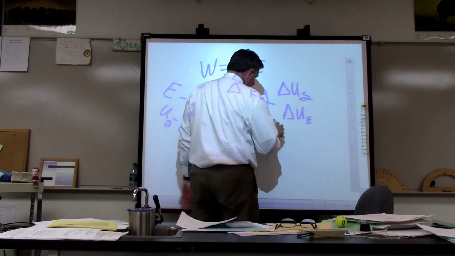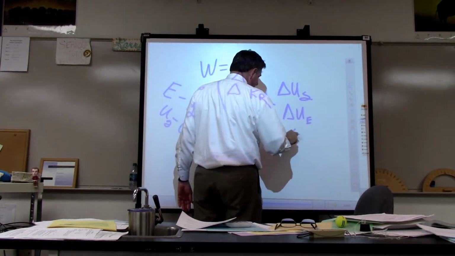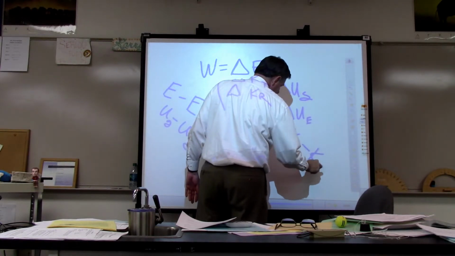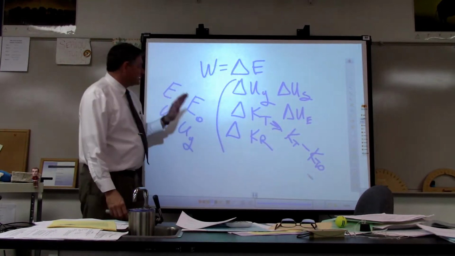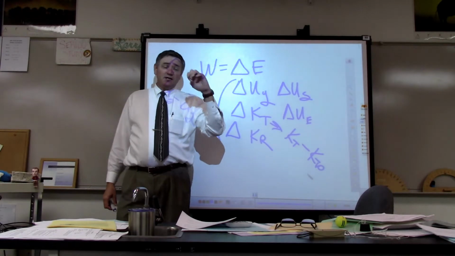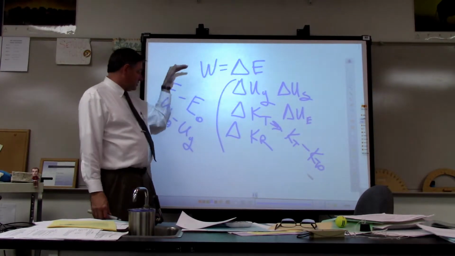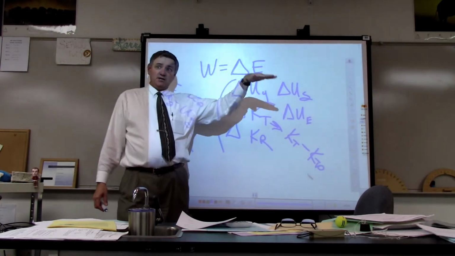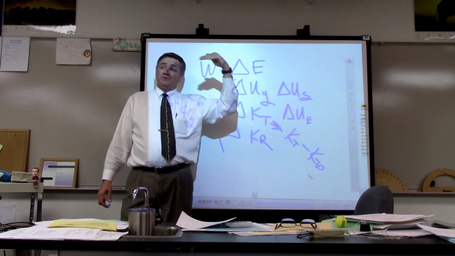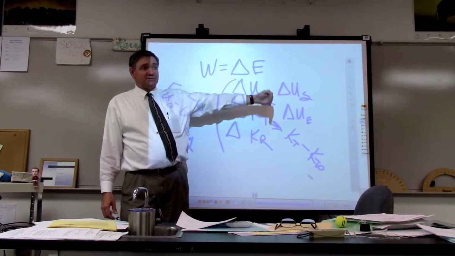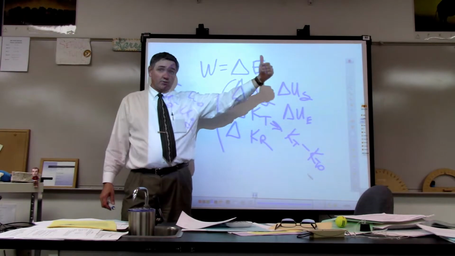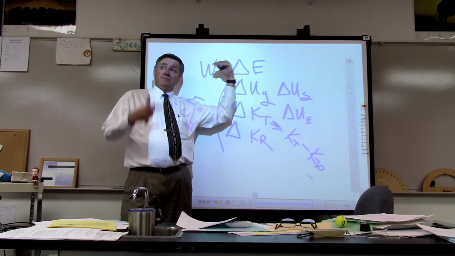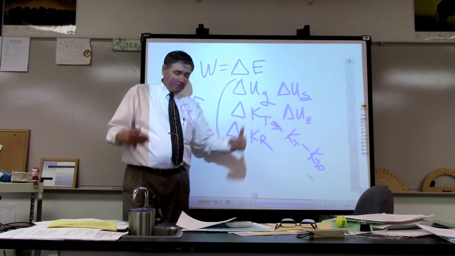If it's changing translational kinetic energy, it's KT minus KT naught. So what you will see is that a lot of times your work and your change in energy are going to be the same number. So if you get the same answer two or three times in a row, it's cool. Don't worry about it, because now we're going to be setting so many things equal to each other.